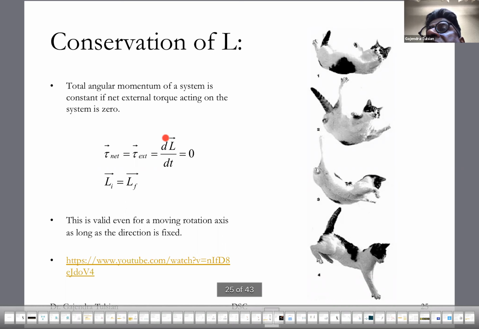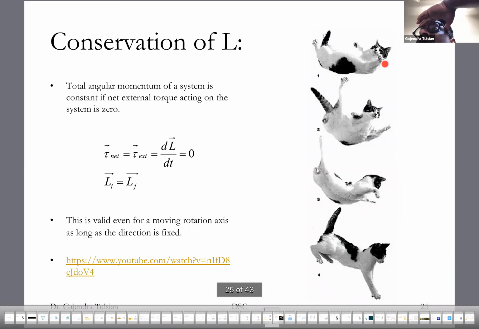And so the angular momentum of the cat should remain constant. What this is saying is the angular momentum of the cat at every point in its fall is the same. So if you grab the cat with its legs, when you dropped it, its angular momentum was 0. And so its angular momentum should be 0 through the entire motion.